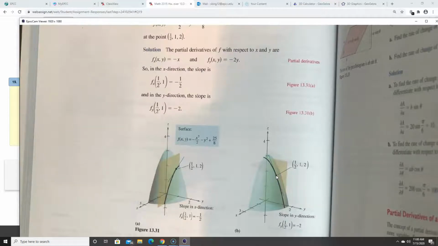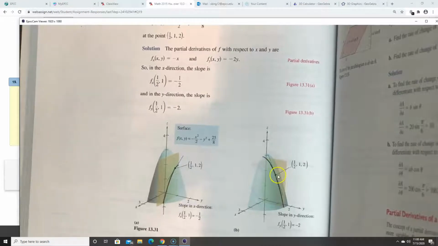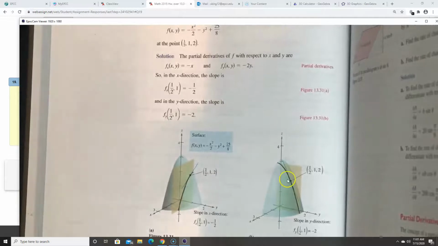Right at this point, this point right here is on the surface, and it's also on this plane that cuts right through the surface, and this plane is at x value equal to 1/2, as I said. Where that plane intersects that curve, you don't have to have the plane drawn there, it just helps us see the trace, which helps you see the decreasing nature of the surface right at this point in the direction of the y-axis.